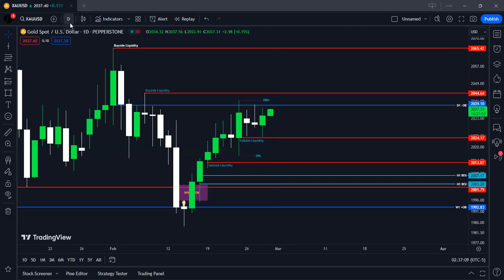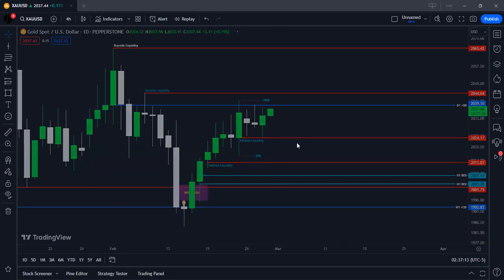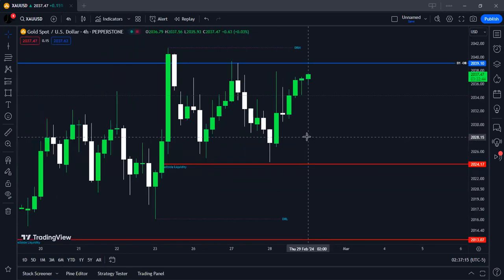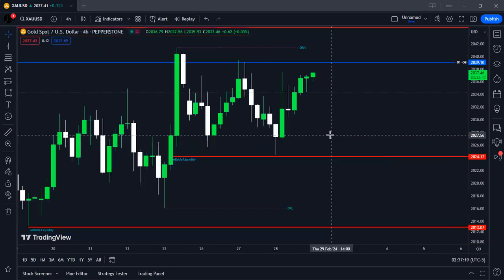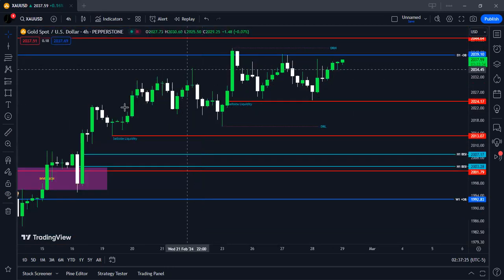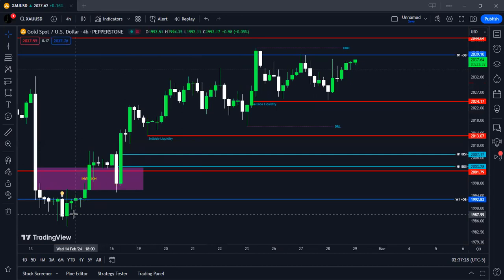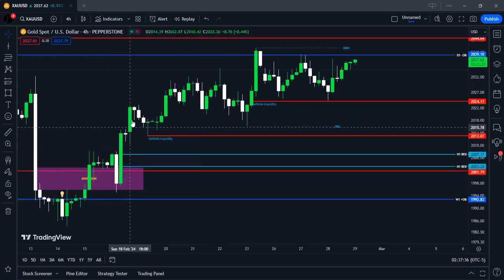So we switch to 4 hour. From daily, we go to 4 hour. So in 4 hour, we are in this bullish dealing range between this dealing range low and dealing range high. Remember, we are bullish overall.